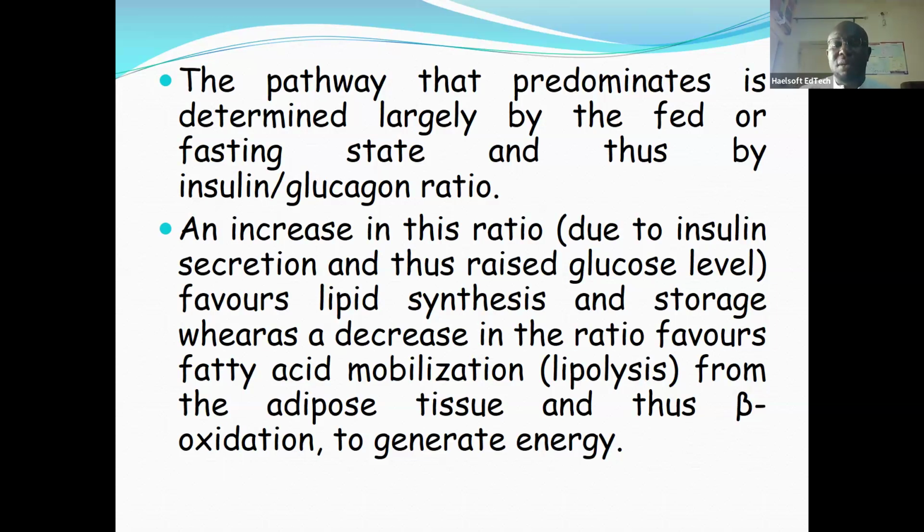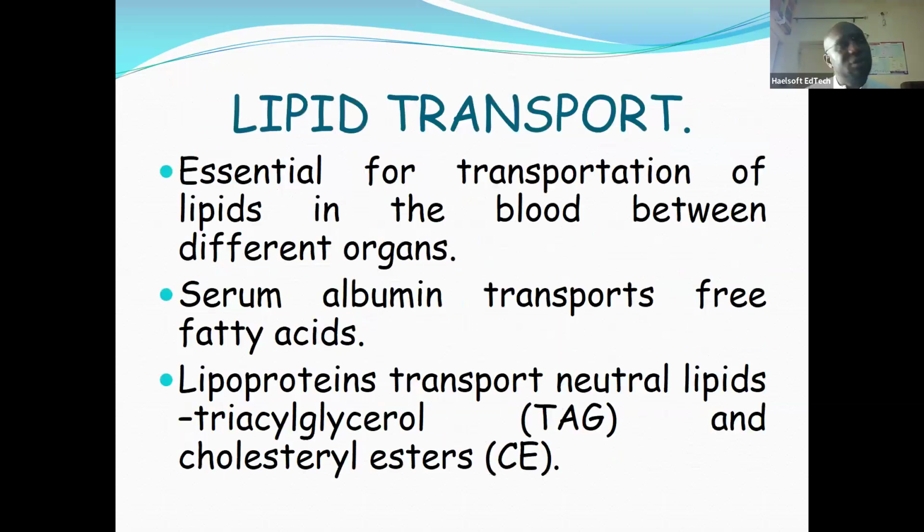Now, before you guys came, I started talking about lipids. That lipids are macromolecules. And these lipids are made up of endogenous compounds that are insoluble in water. Now, lipids are divided into what? We have the complex lipids, the simple lipids, the derived lipids, and the miscellaneous lipids.